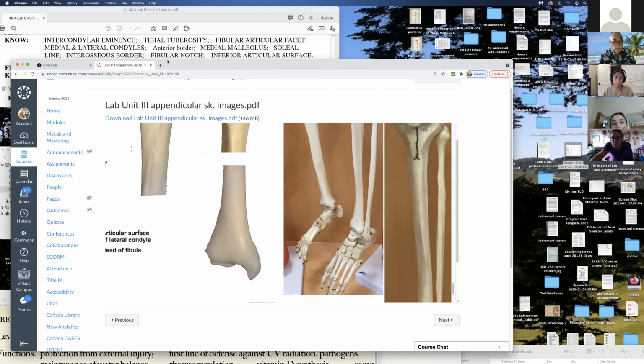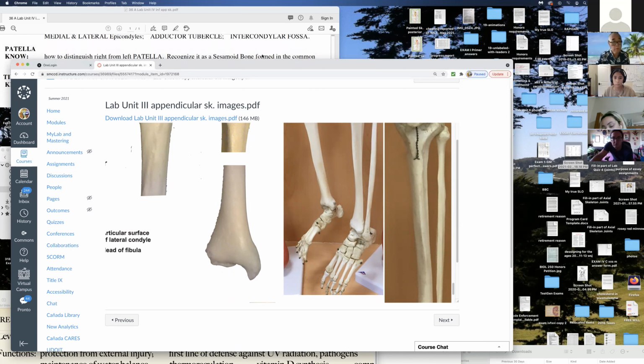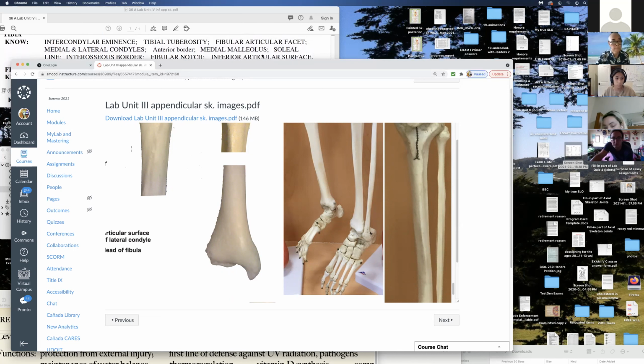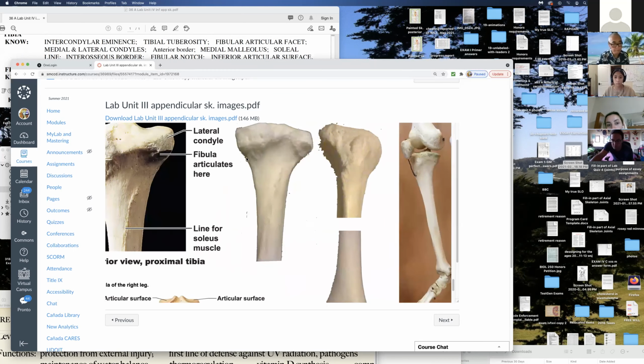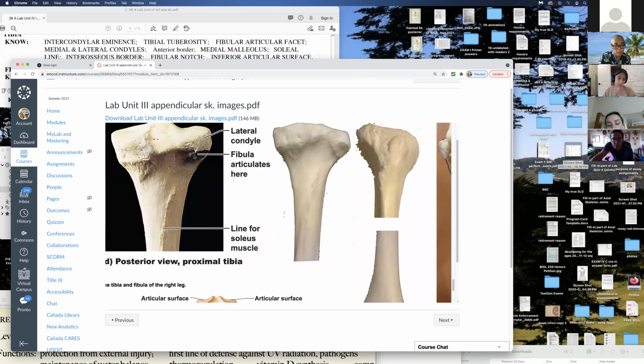Then the next item would be, coming back to the underside of the lateral condyle, where you have the fibular articular facet. That's when I ask students to find the soleal line.